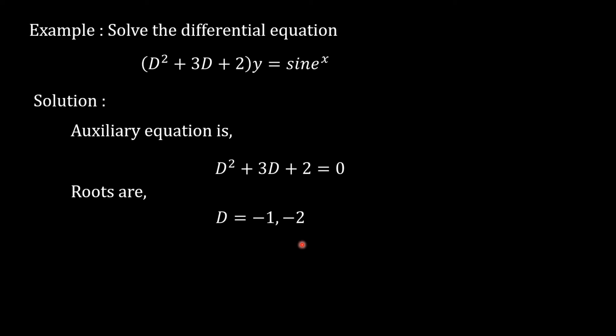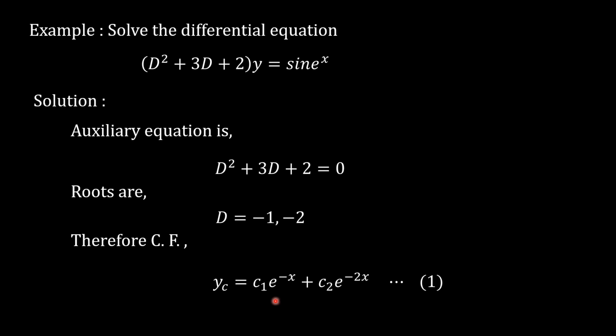Therefore, recall case 1 of finding complementary function, using which we get the complementary function CF, also denoted by yc, equal to C1 e raised to minus x plus C2 e raised to minus 2x. We call this 1, which is our required complementary function.